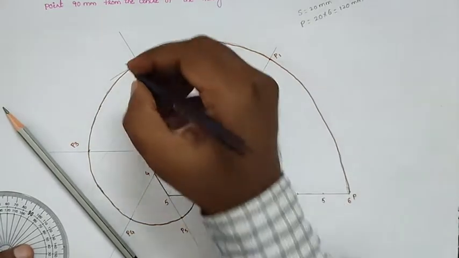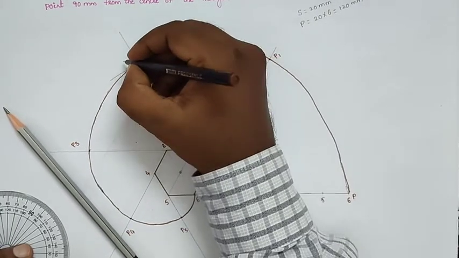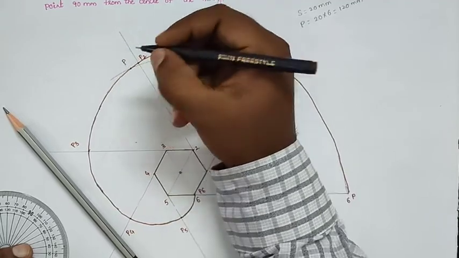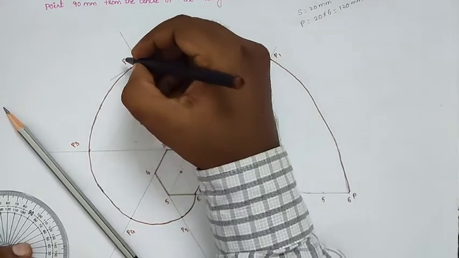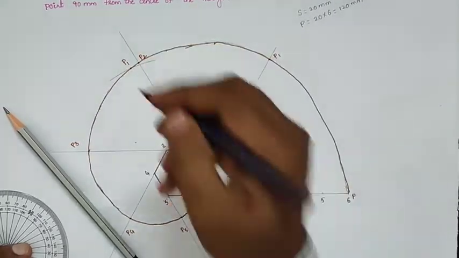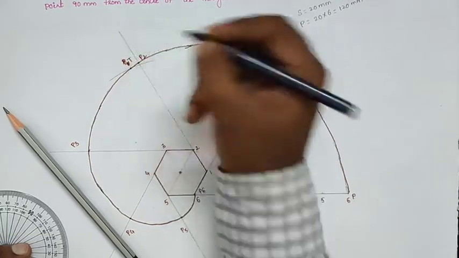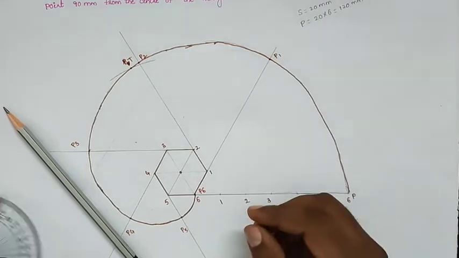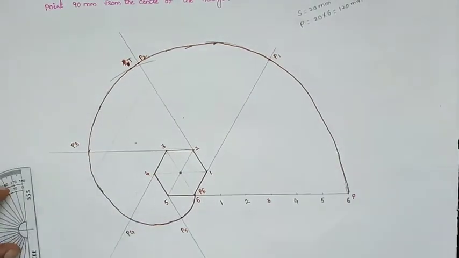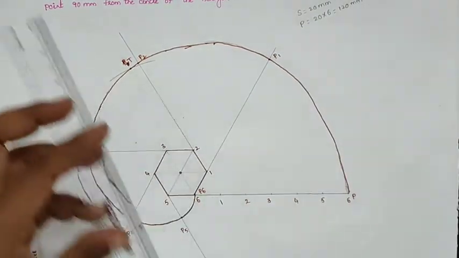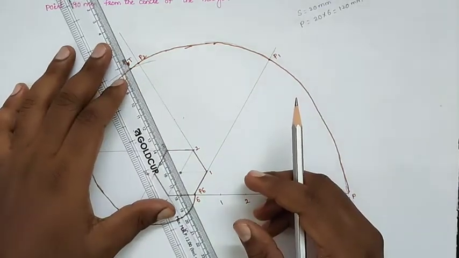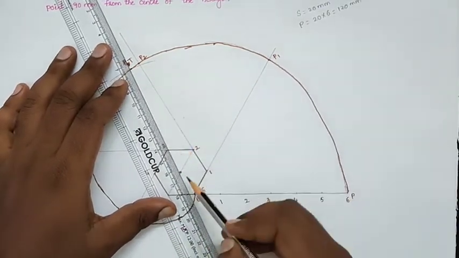I am locating this point as point P, or T. Now join the center of this hexagon and the point T.